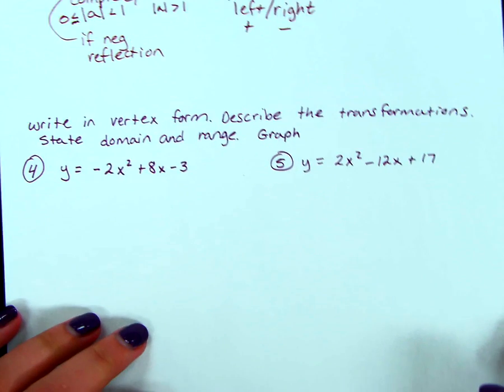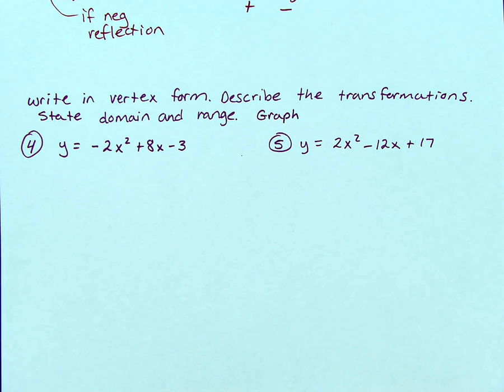Okay, so for the next problem, we're going to write in vertex form, describe transformations, and then state domain and range and graph. So to write it in vertex form, we have to decide which method to use. Since the number in front of my square term is not 1, I'm going to use the method where we just find the vertex and plug it into the vertex formula.